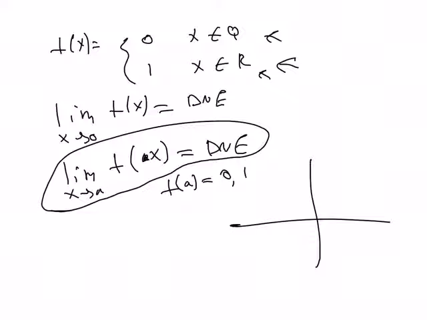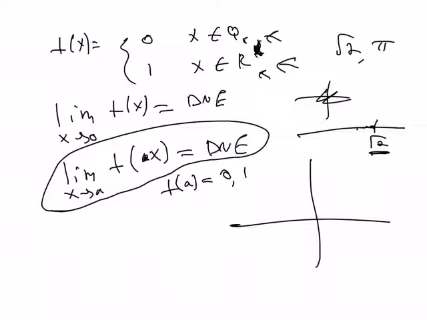But the rational numbers are dense in the real numbers, which basically means that for any irrational number that you give me, I don't know, square root of 2, pi, and so on, you can find a sequence of rational numbers that approach that point.